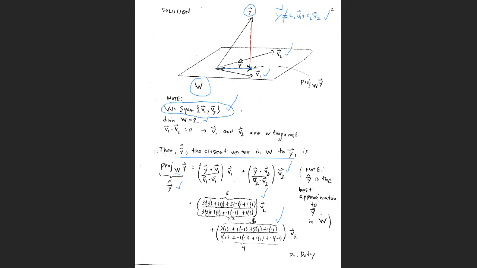And so y hat is going to equal 6/12 times vector v1 plus 6/4 times the vector v2. Okay, give you a moment to copy that down.